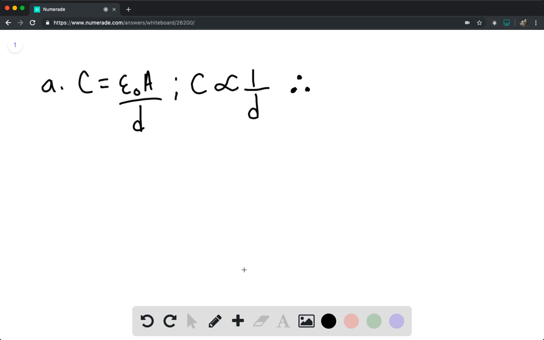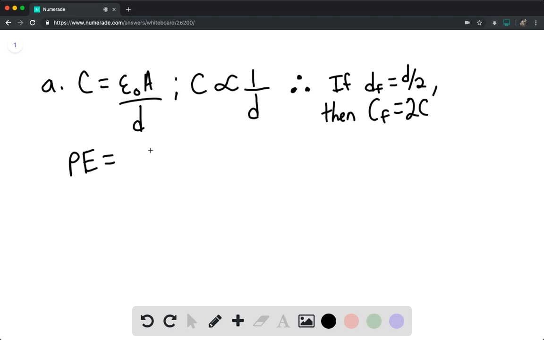So basically, if d final equals d over 2, then C final would equal 2 times C. Now, furthermore, we know that the potential energy is equal to Q squared over 2C.